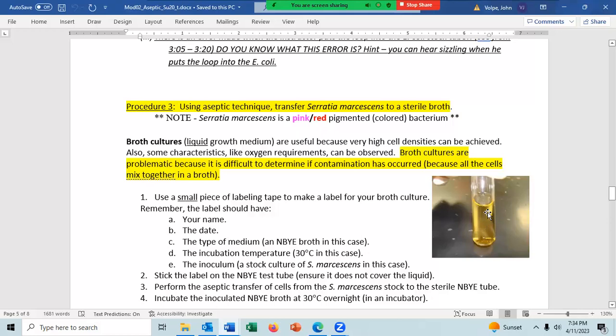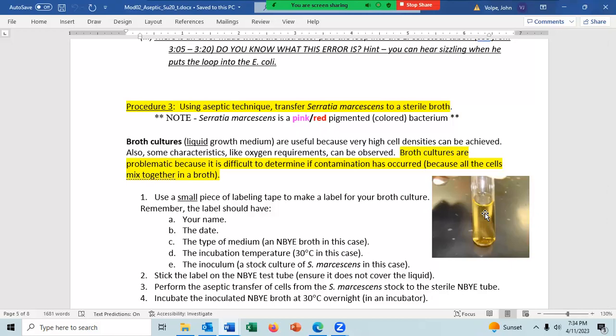It's only if you have a major contamination would you notice contamination in this tube, meaning if you inoculated it with Serratia marcescens and the growth is not pink or pinkish, and it's some other color like white, then you say, oh, I have a major contamination here because the color is not correct.